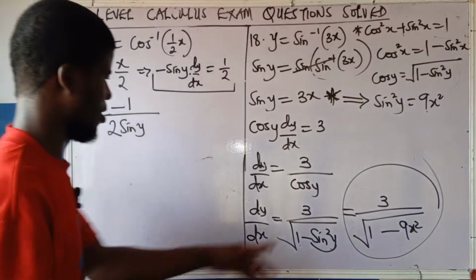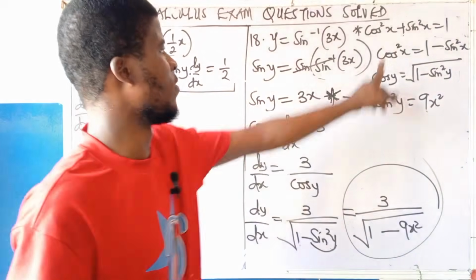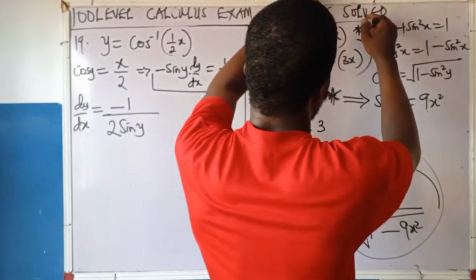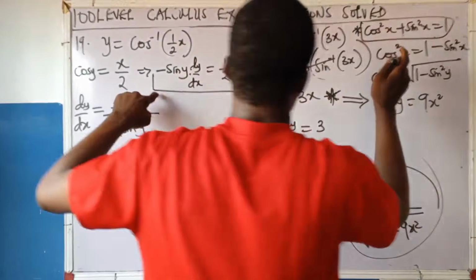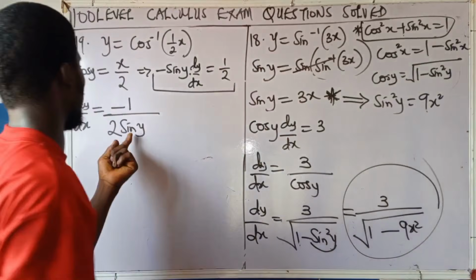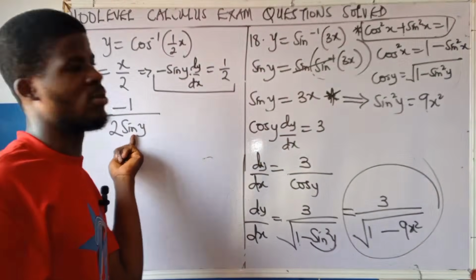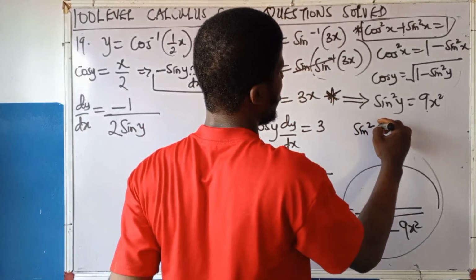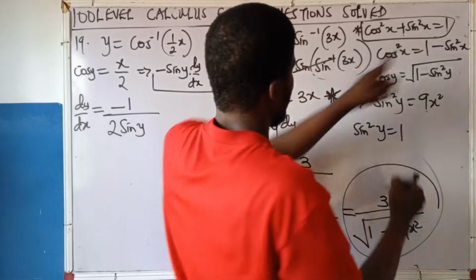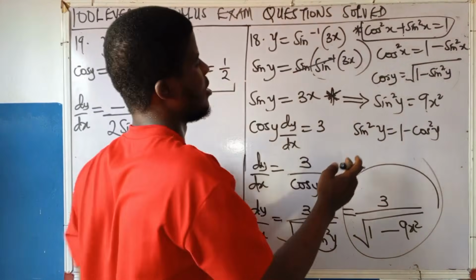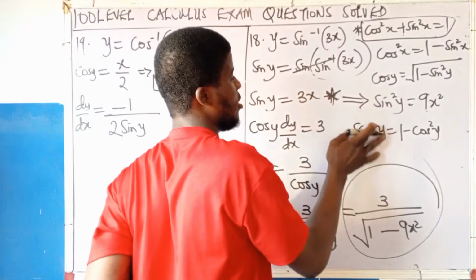Now, what we got here, we now made use of this formula, remember. From here, using the same identity, we're still going to make use of this one here: cos squared x plus sine squared x equals 1. So I now need sine, no longer cos. It means that sine squared y will be equal to 1 minus cos squared y. And if I take the square root of both sides, this square will leave.